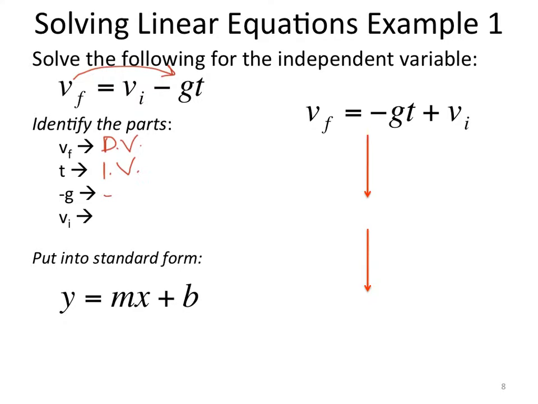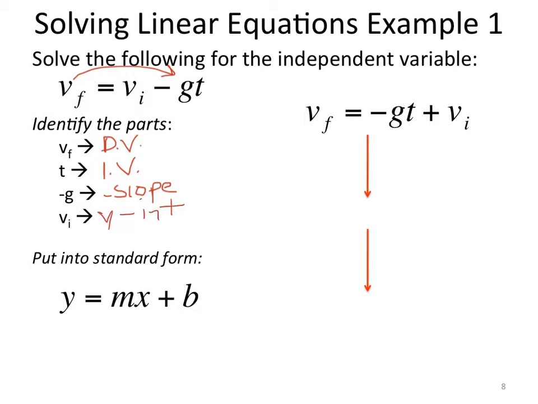Not working at all. Last time. S-L-O-P-E. Sorry about that, guys. And this thing being added right here, this VI, is going to take the place of our b, that is our y-intercept.